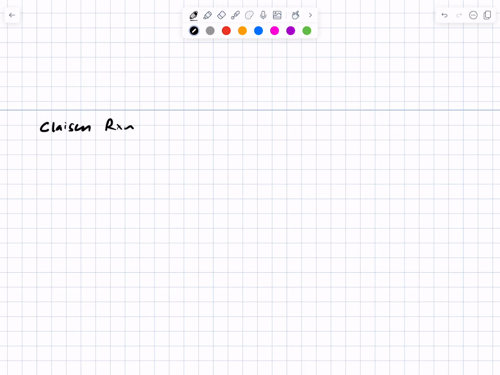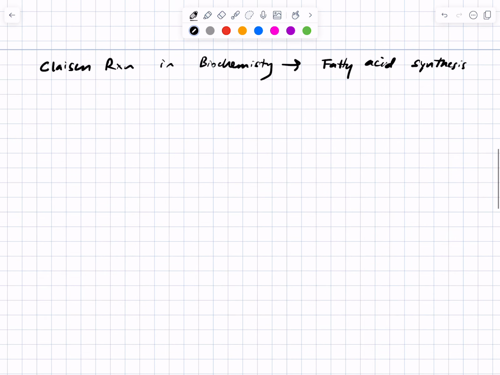The Claisen reaction in biochemistry, the best example of this is in fatty acid synthesis. This is how you synthesize a long chain carboxylic acid that you then incorporate via an ester bond into glycerol to make a triglyceride, a fat or an oil.